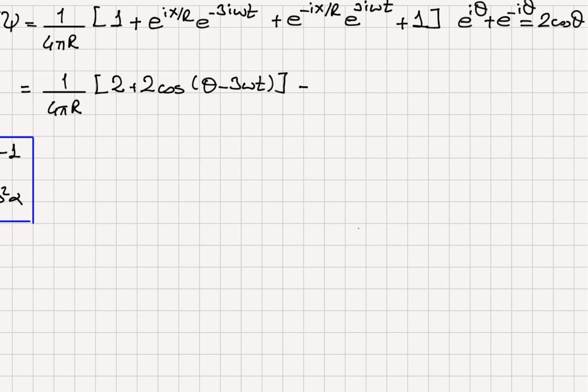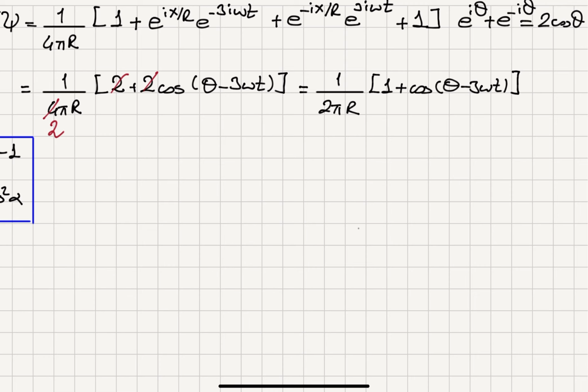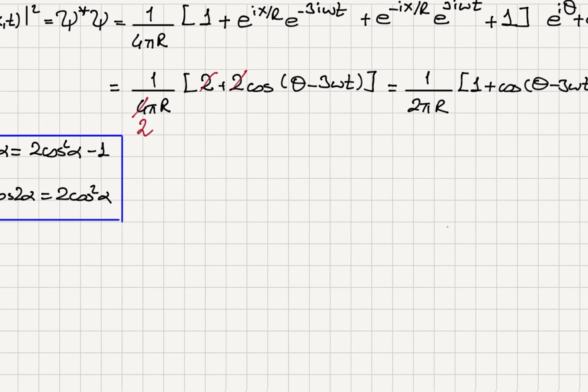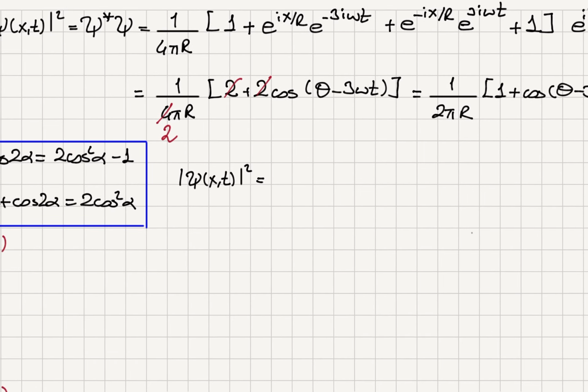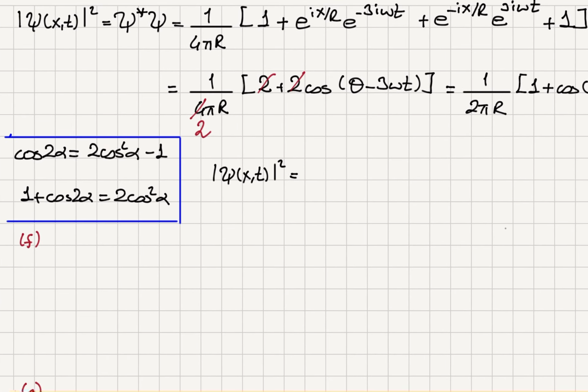If I take this 2 out in parentheses, you can see here, this 2 will make this 4 into 2, and I will have 1 over 2 pi R, 1 plus cosine of theta minus 3 omega t. And to write the final answer, psi of x and t absolute squared, I'm going to use this identity: 1 plus cosine 2 alpha is 2 cosine squared alpha.